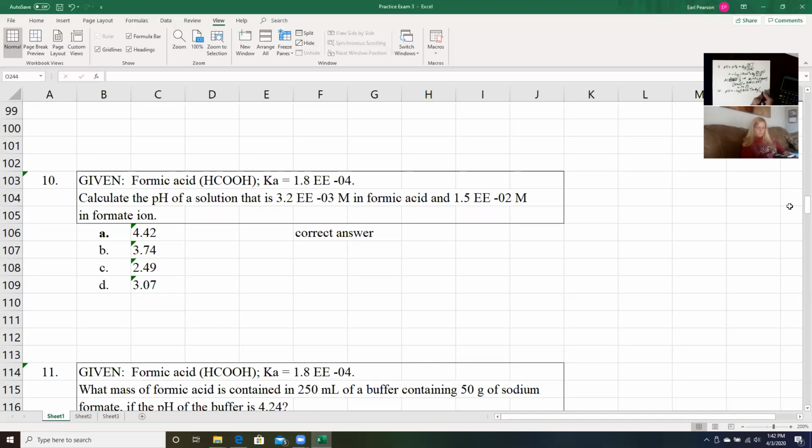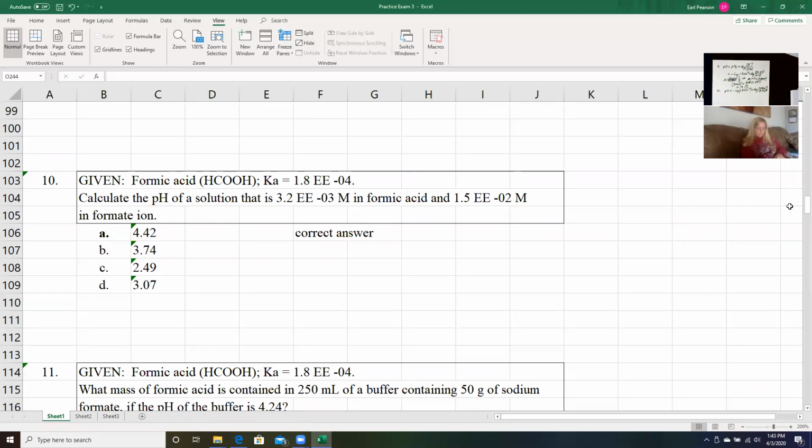Now the formate ion concentration is given directly, so I don't have to do any bad stuff to this. Formic acid is 3.2, that's the denominator, 3.2 times 10 to the minus 3. My numerator is 1.5 times 10 negative 2. So all we got to do now is do that math.